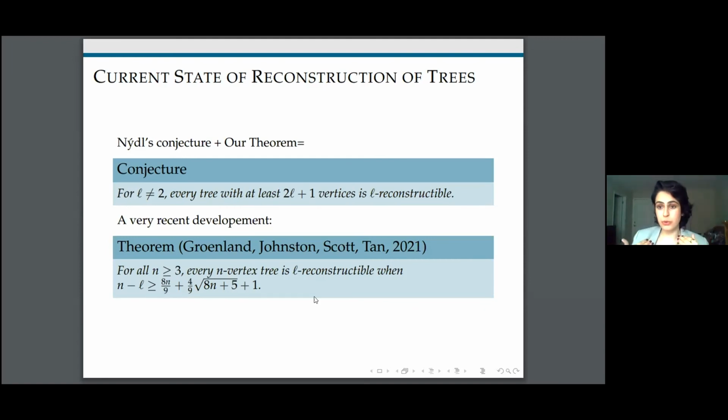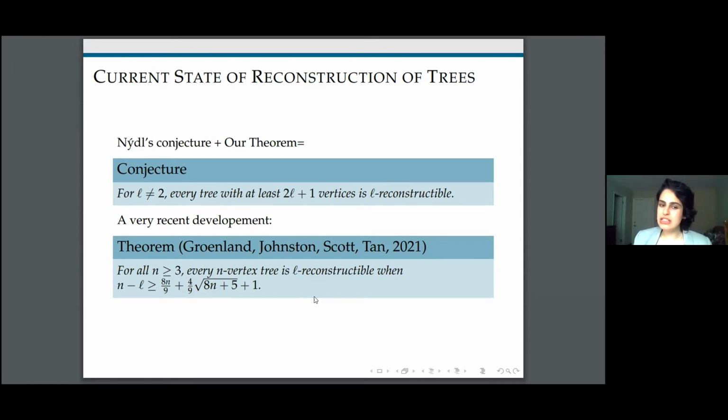And because we proved that when n is at least 2L plus 1, from the deck, we can tell if we have a cycle or not, with the fact that we know the number of edges, we can combine these two and say this is the new conjecture. It's equivalent now to Needle's conjecture, but it's really about trees being L-reconstructible when n is at least 2L plus 1.